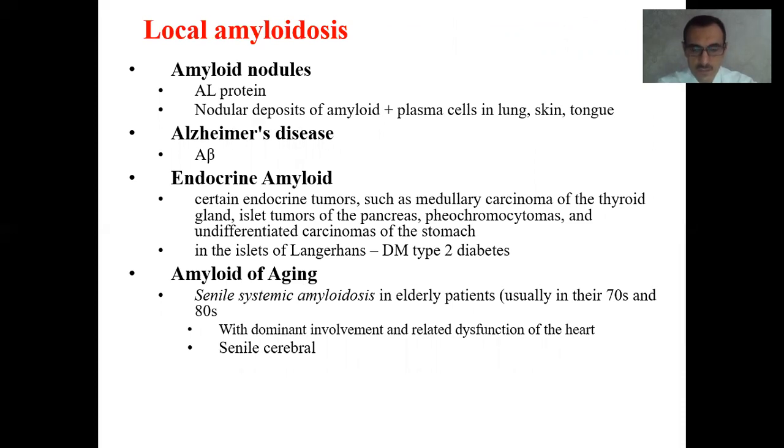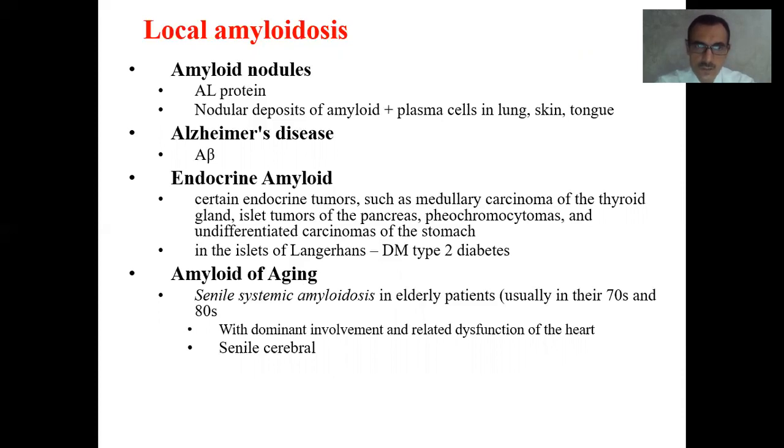Here is the beta amyloid. Endocrine amyloid is found in certain endocrine tumors such as medullary carcinoma of the thyroid gland, islet tumors of the pancreas, pheochromocytomas, and undifferentiated carcinomas of the stomach. It is also found in the islets of Langerhans in diabetes mellitus type 2.